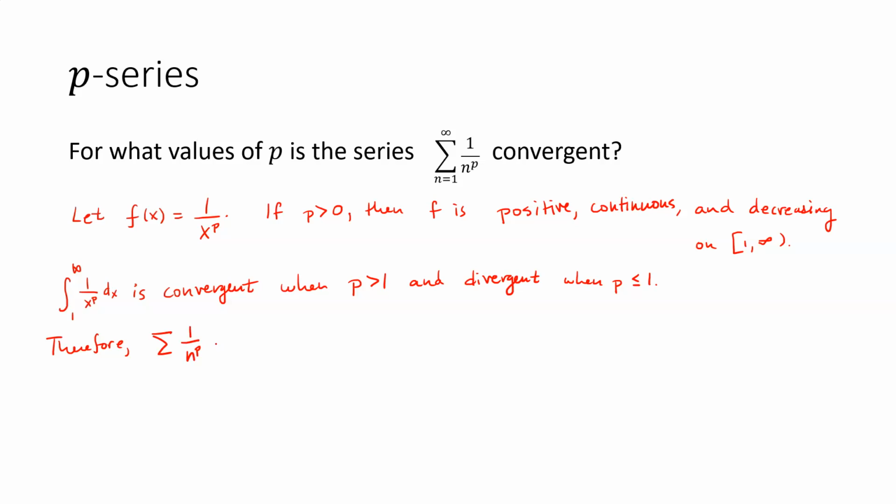So the series 1 over n to the p is convergent when p is greater than 1 and divergent when p is less than or equal to 1.